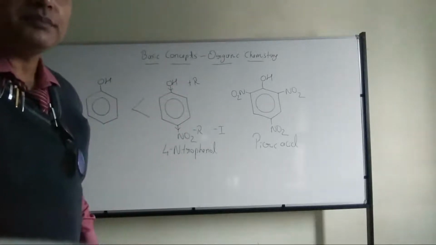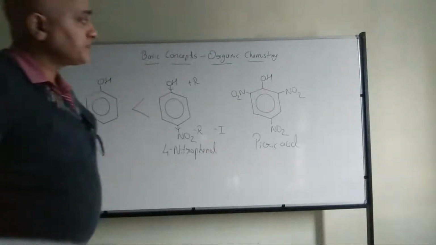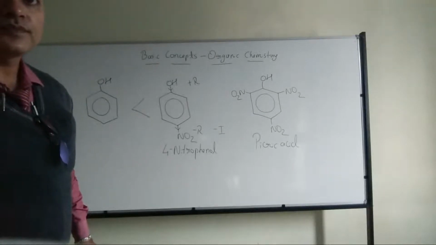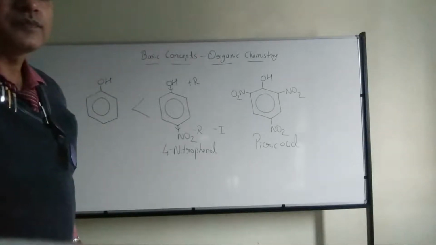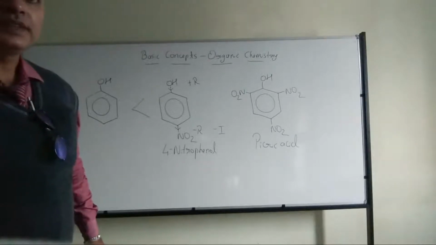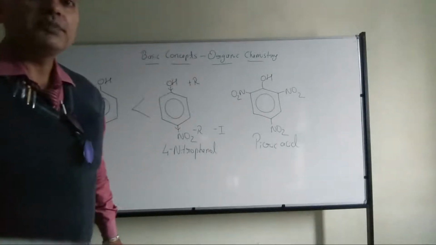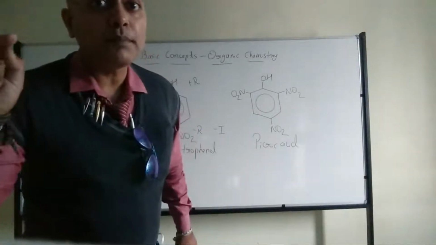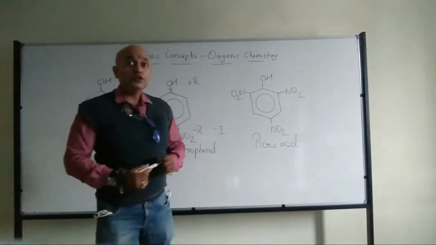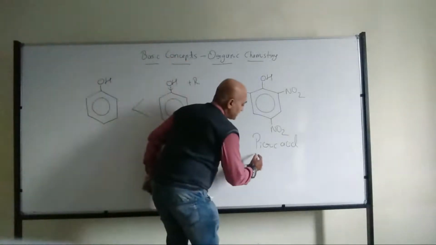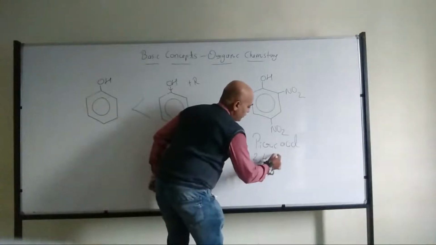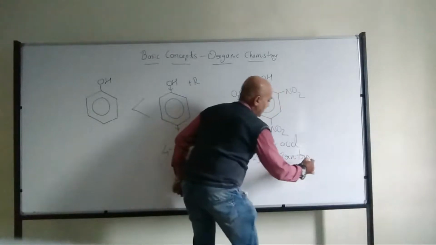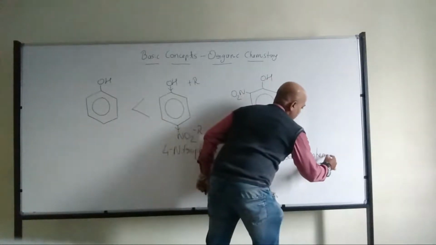Can any one of you tell me what will be the IUPAC name? Ashish, trinitrophenol I can understand, but you should give the number. Now Shashank is right. You should give the number, that's very important. So that is 2,4,6-trinitrophenol.